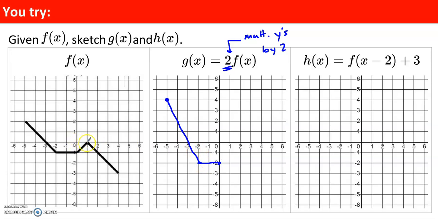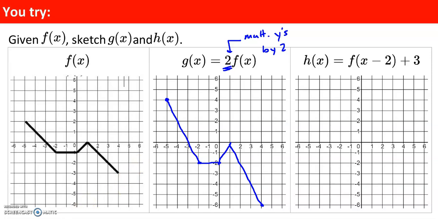And we had a point at 1, 0. And if I multiply the y by 2, I still am at 1, 0. And then the final segment I see here ends at 4, -3. Where is that going to end? Yeah, 4, -6. Something like this is what g of x should look like.